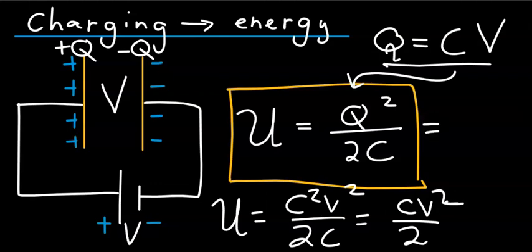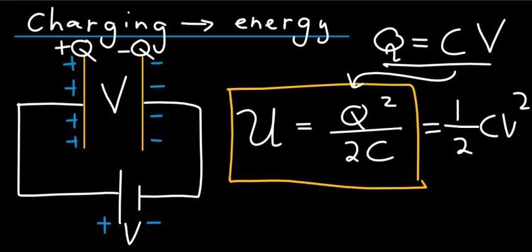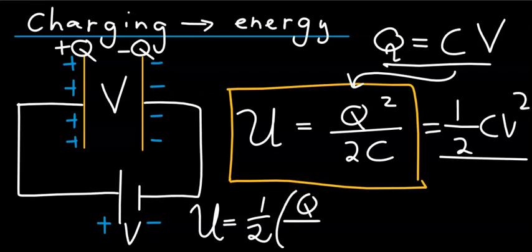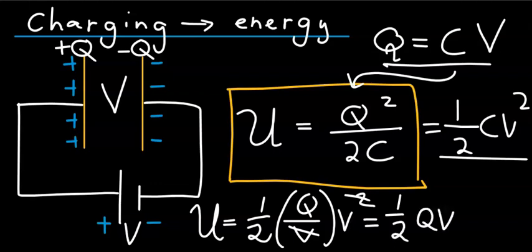So we can also write the potential energy as half CV squared. Another expression is to write the potential energy U in terms of Q and V. So in this case, if you take this result, half Q squared over C, and you substitute C as Q over V, you see another alternative expression for U is half QV.